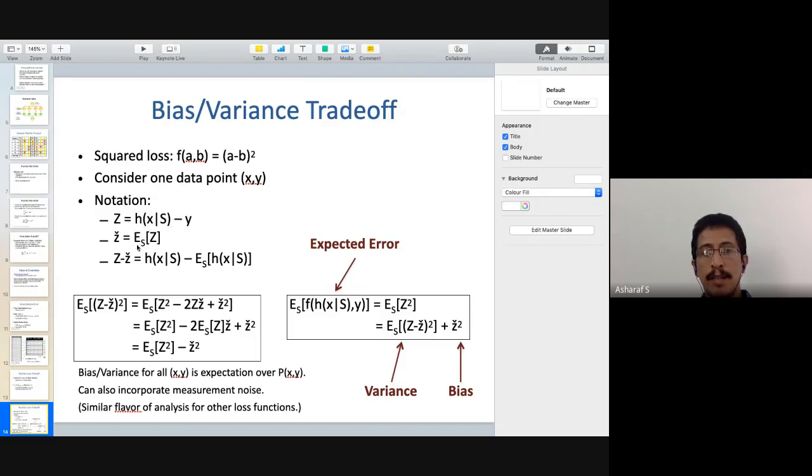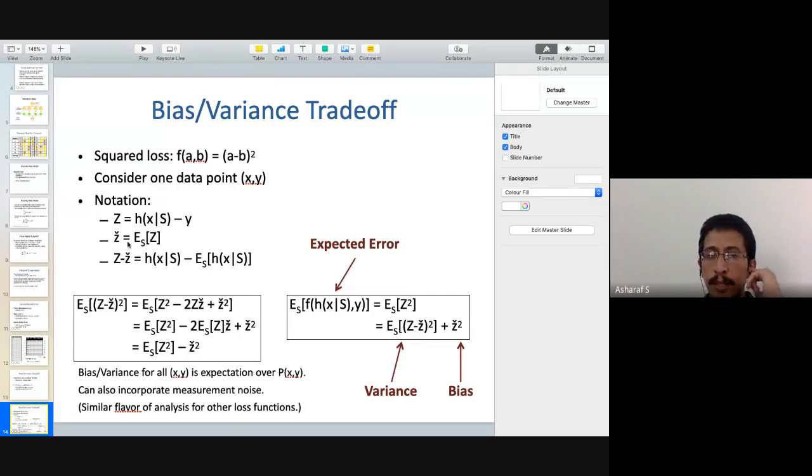E is the expectation of the error. Let's represent that as Z cap. So this is essentially the error, and the expectation of that error is represented as Z cap.